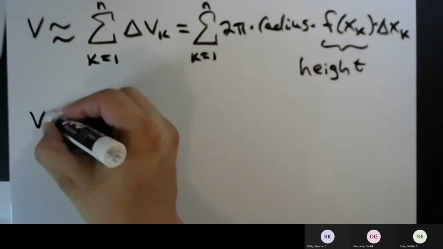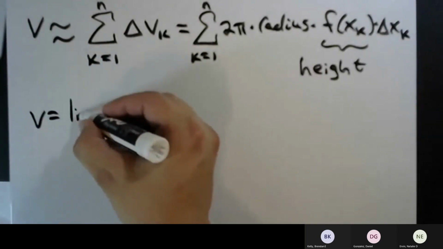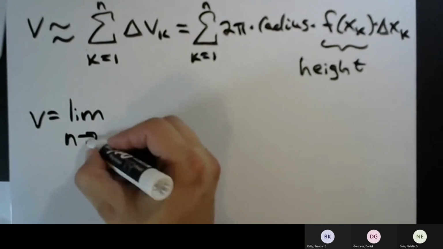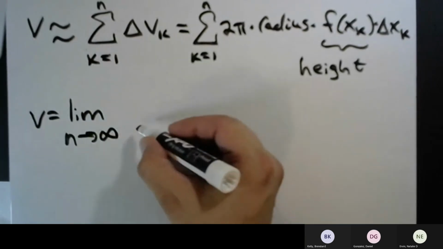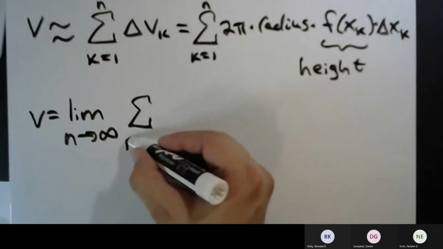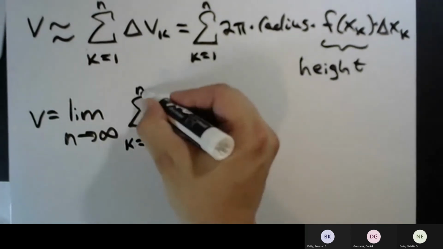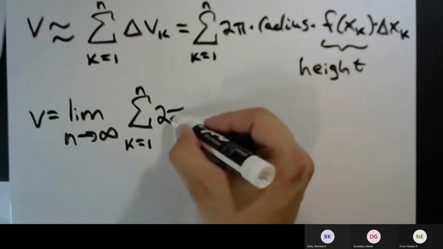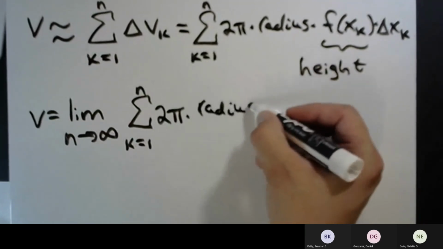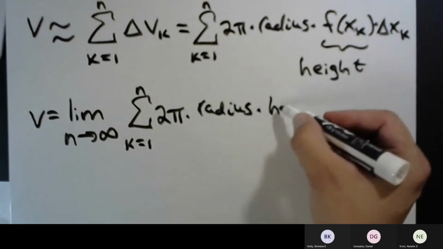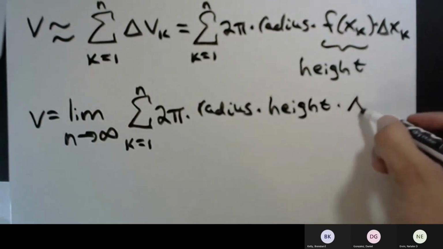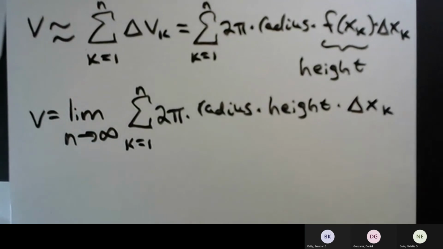So then the volume will be equal to the limit as n goes to infinity of this sum of 2 pi times radius times height times delta x k.